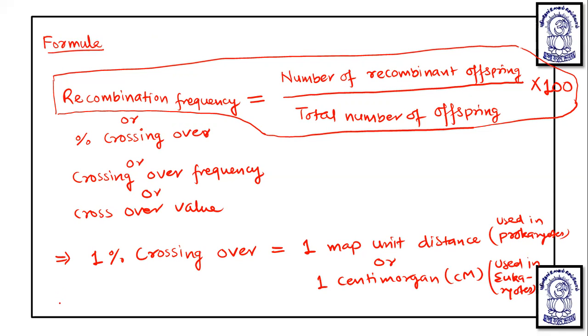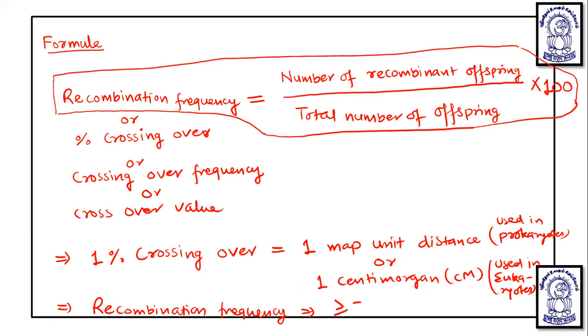And one of the important things is that recombination frequency is always less than or equal to 50%.